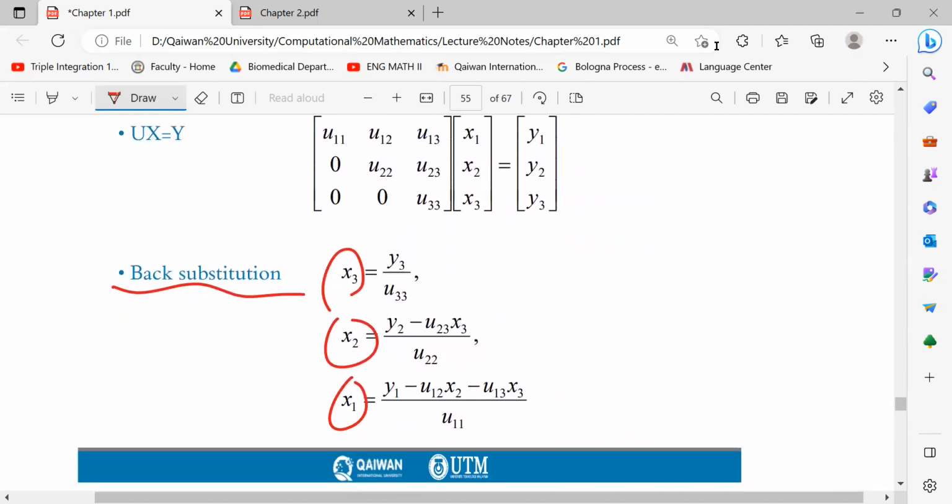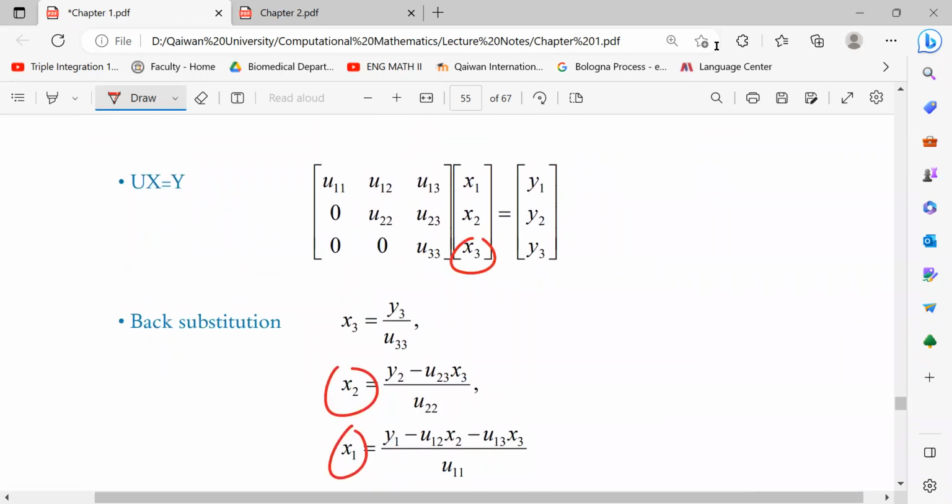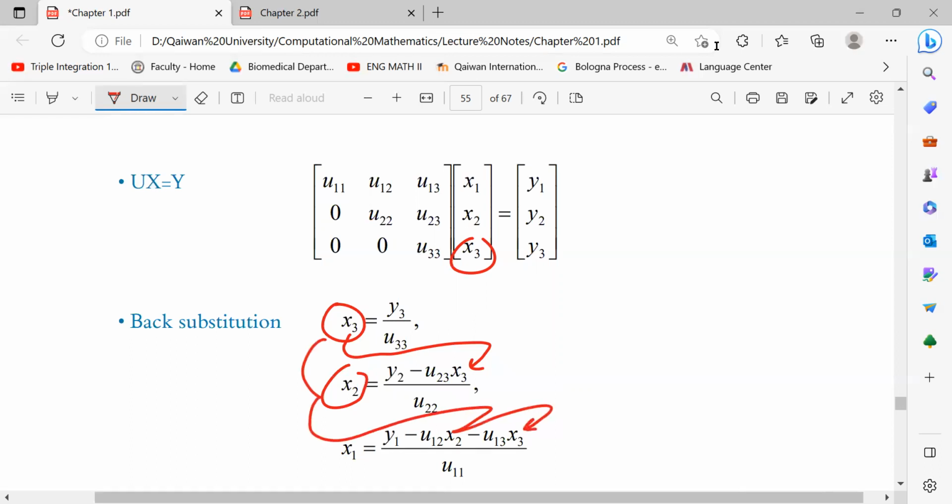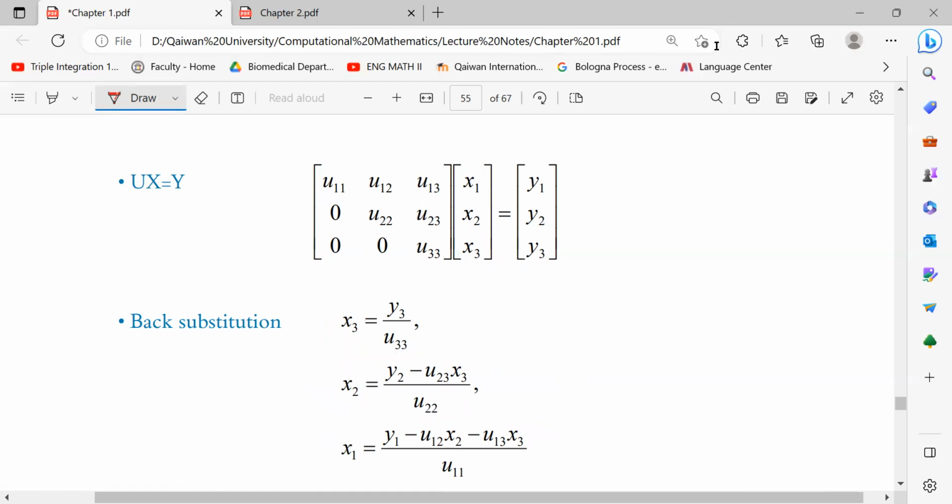But in back substitution, we start from the last variable. As you see, the last variable here is x3. We say x3 is this. Then we use x3 to get x2. And then we use x3 and x2 to get x1. That's back substitution. We return to find the value of other variables.